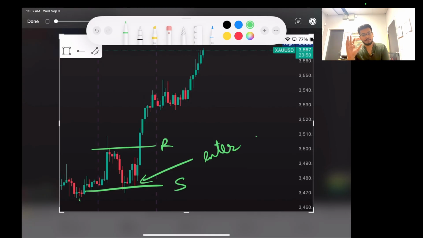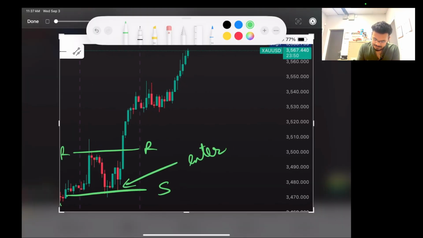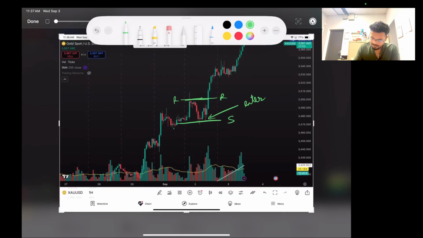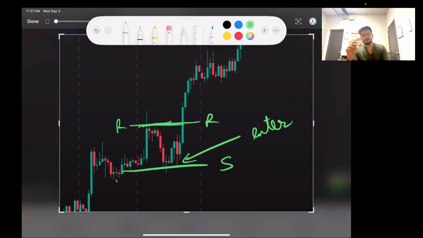Or if you want to play it safe, let's bring those levels back. As we all know, it took resistance at this level, so price rejected this level previously, and let's say we're not sure if price will do the same thing or will consolidate again.